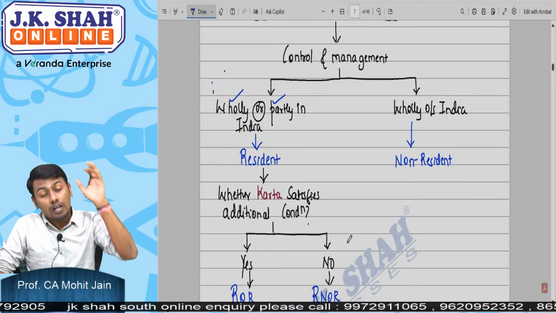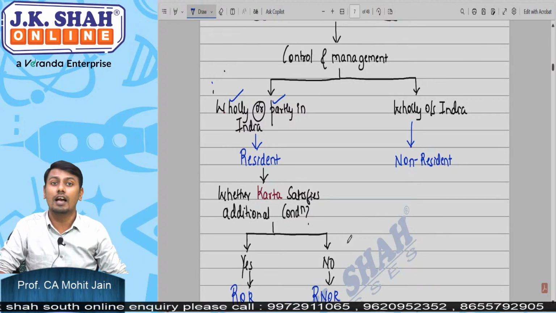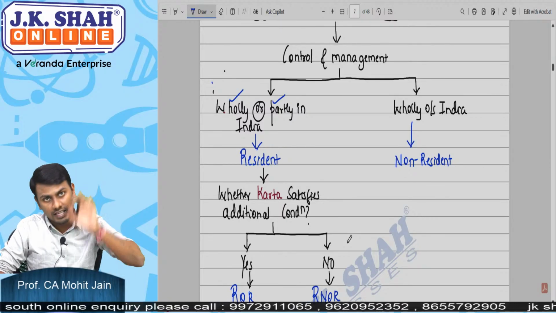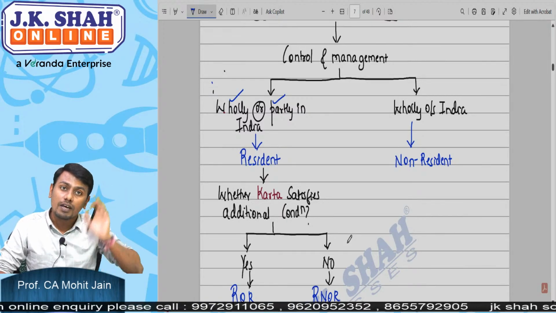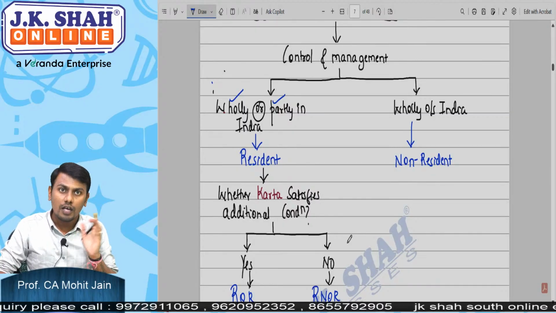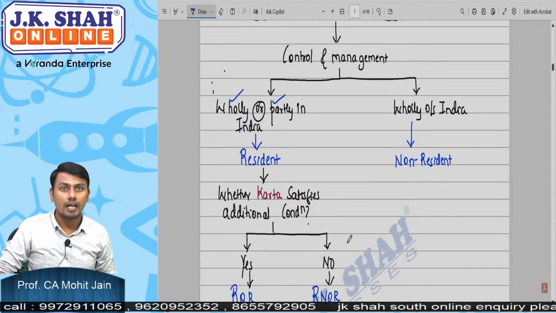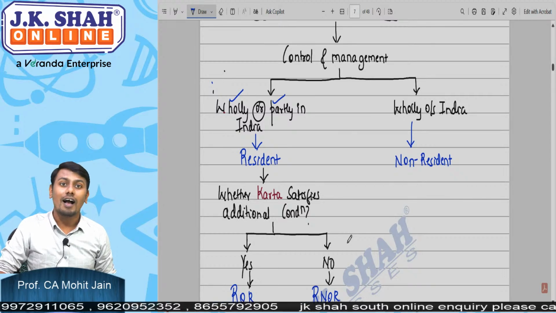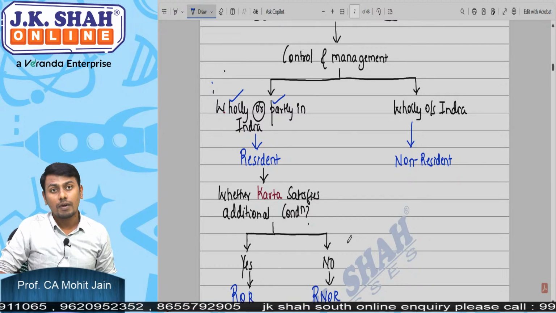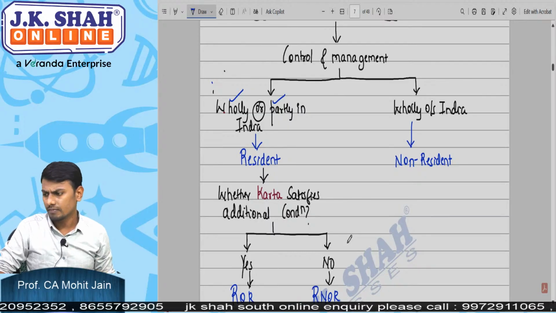But if the control or management is wholly or even a part is there in India, then it will become resident. And once you become a resident, then we have to check the additional condition for Karta. If Karta is satisfying additional condition, then the HUF is ROR. Otherwise the HUF will become RNOR.